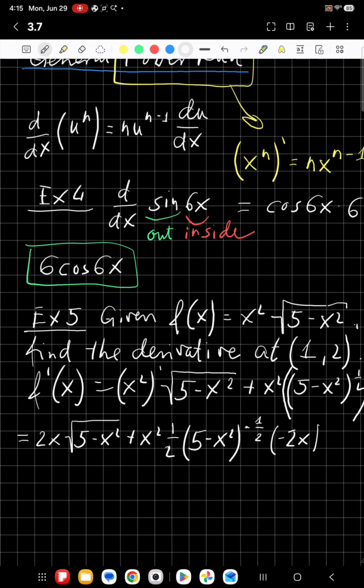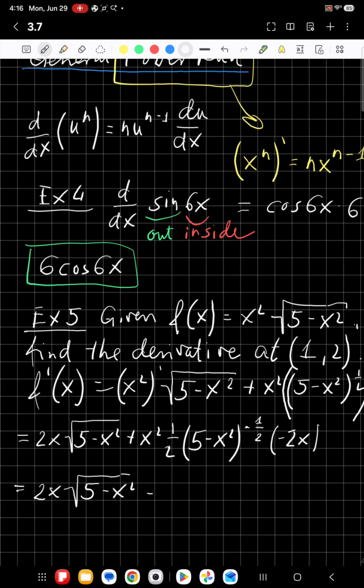So we have this long answer. Maybe we can simplify it a little bit. At first, I cannot really do much with this first part, so I have the 2x times the square root of 5 minus x squared.